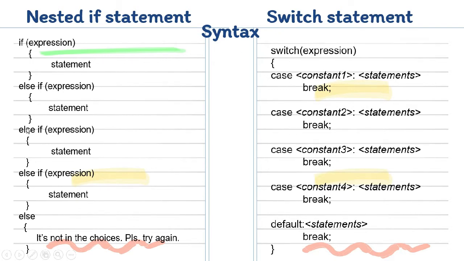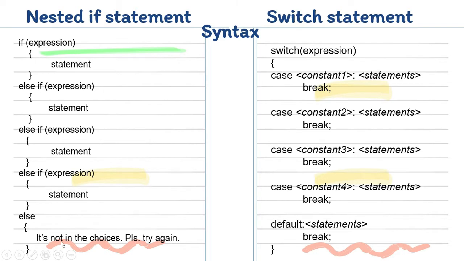And then we have another else if, another choice equivalent to case constant 2, and then another else if equivalent to case constant 3. So we have here the else, that's equivalent to the default statement in the switch.